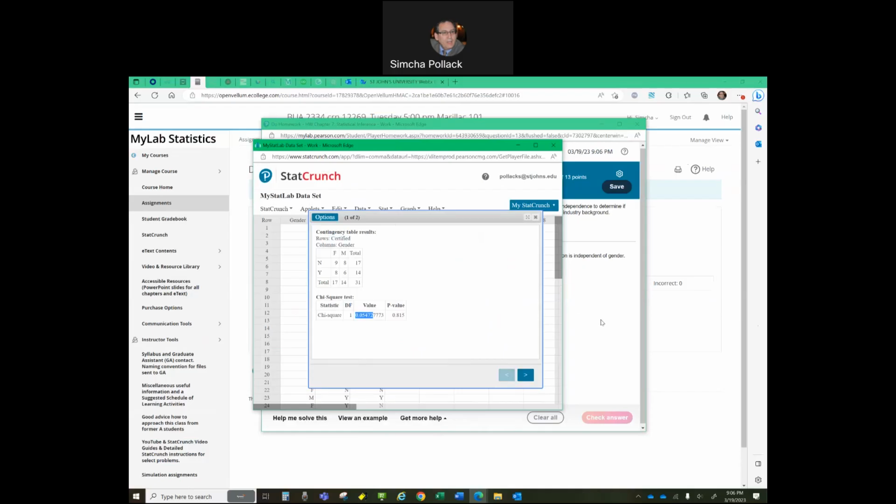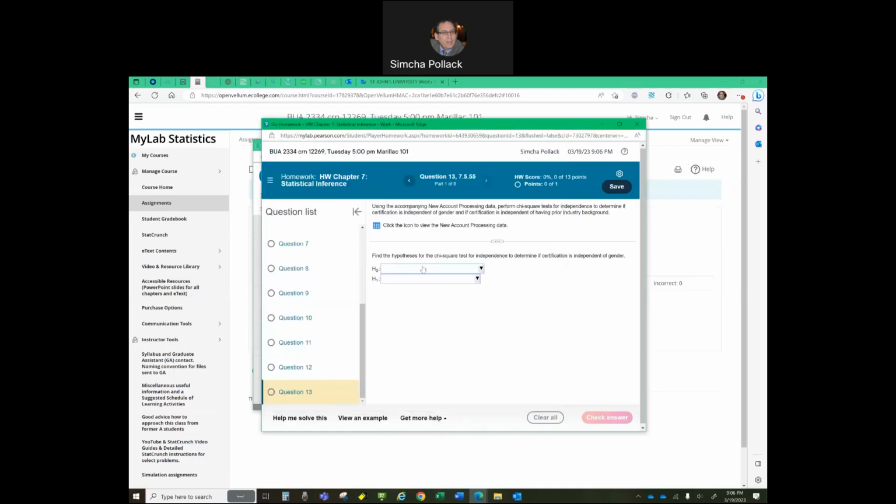So let's go back to the question. Oh, we have to do the hypotheses. Always have the null hypothesis that they're independent, and H1 is that they are not, they are dependent, meaning that one depends upon the other, or that people in one category are different than people in the other category.